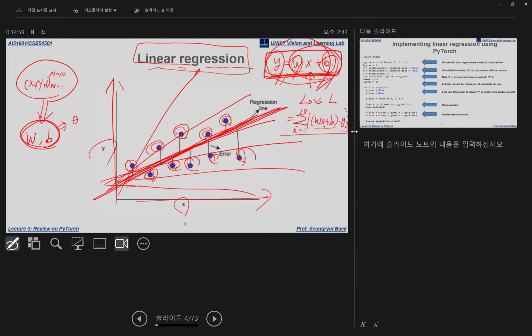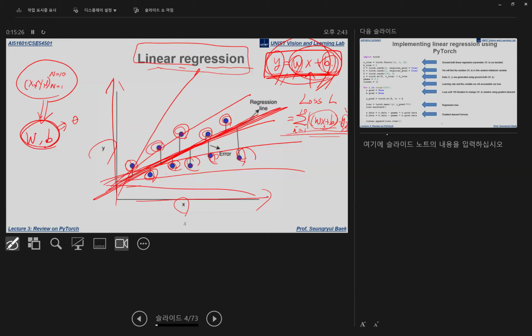Maybe you already know about this. Our purpose is to make the prediction Wx plus B close to the corresponding ground truth. For 10 data samples, we want to minimize the distance between ground truth and prediction. Are you guys understanding this?